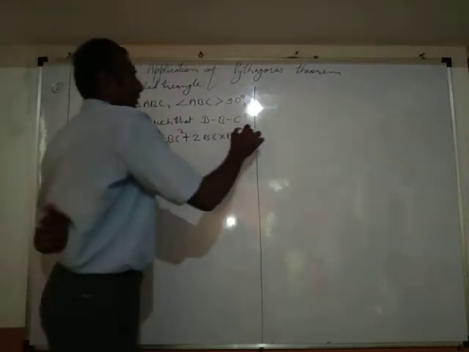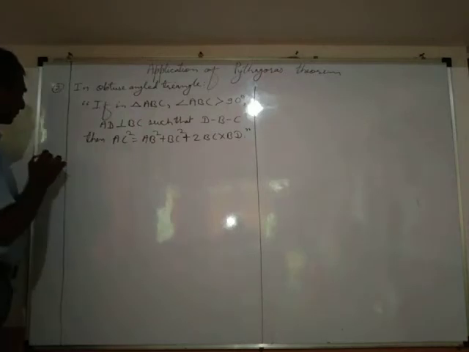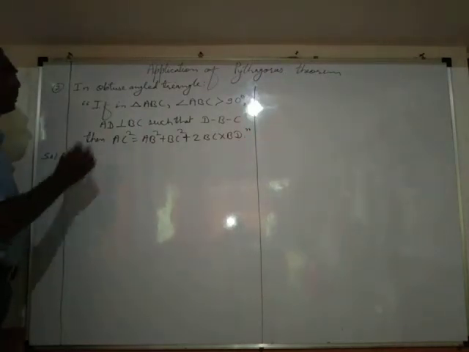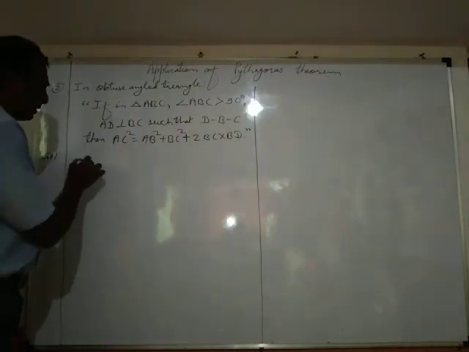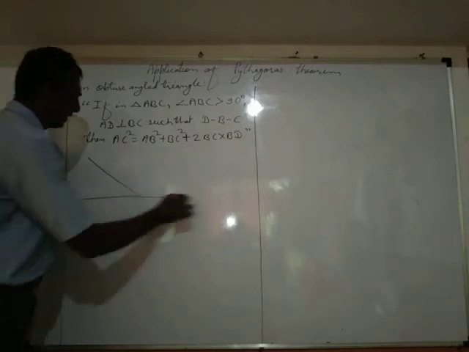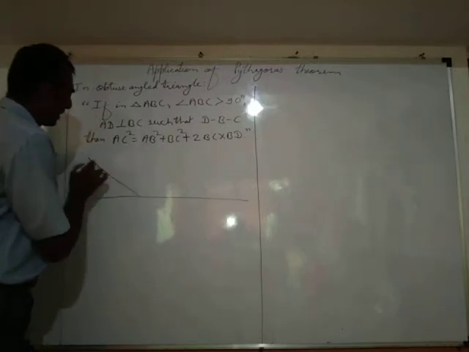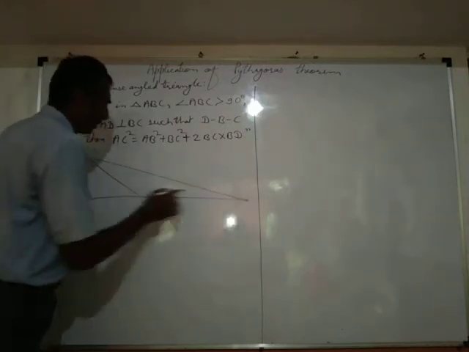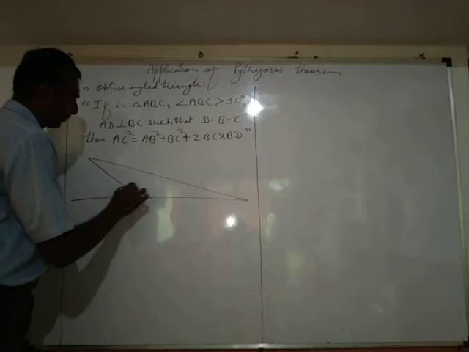Okay, now let's give its solution. According to this statement, we need a right angle triangle. Not a right angle triangle, we need an obtuse angle triangle.